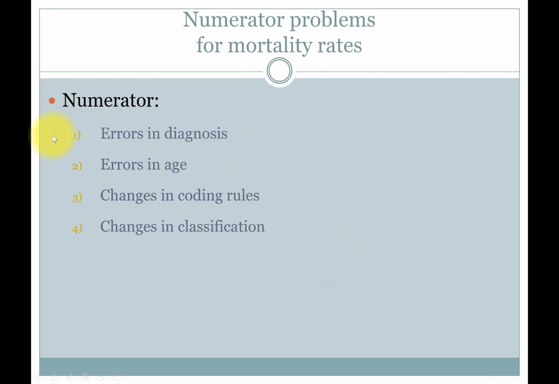So when we calculate mortality rates for a specific disease or a specific age group, several issues may arise. The most common problems epidemiologists encounter are errors in diagnosis, especially if the individual suffered from more than one condition, or an underlying condition went undiagnosed; human error recording age; and any changes in the ICD codes, or how we classify diseases.